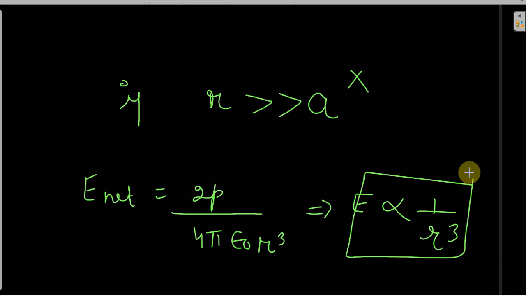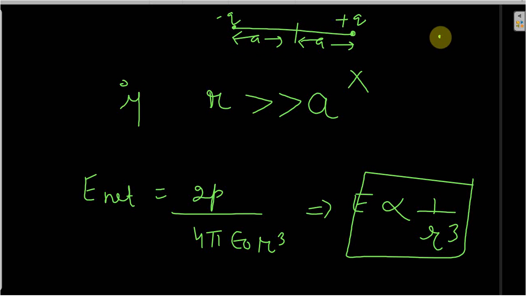You can see this thing, because earlier this was minus q, and this is your positive q charge. This is a distance, and this is also a distance, and we want to find the electric field at point P. This was our problem. So now if we are moving P away, what will happen? This is r distance.